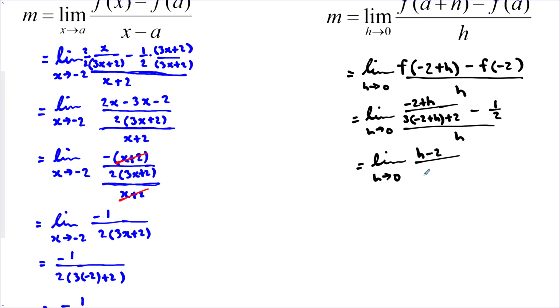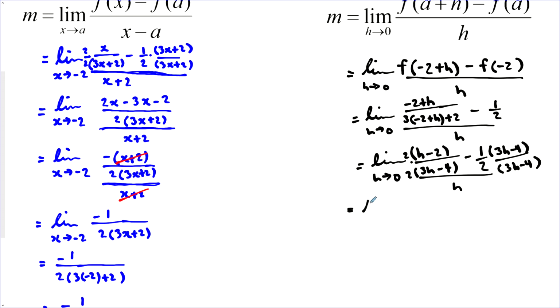So I'm going to write 3h here, and negative 6 plus 2 is minus 4. And then I've got a minus 1/2. Now I need to get rid of this fraction, so I'll multiply this one by 2, put brackets around this so I know it's going to be distributed in, and on this side a 3h minus 4, top and bottom.